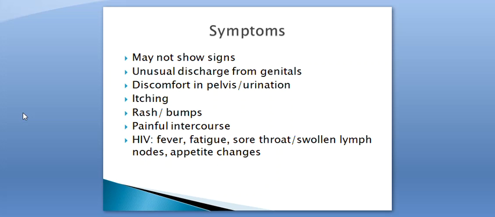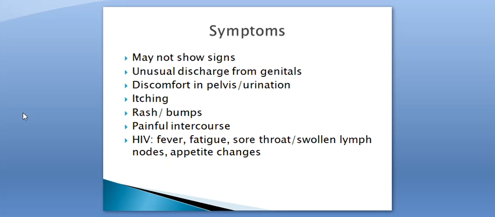Now, these symptoms really overlap with many of the STIs and STDs just mentioned. Chlamydia, syphilis, gonorrhea, things like that are going to have very overlapping symptoms. So it's very hard to tell which it is until you actually go and get tested by a medical doctor, physician, something along those lines.